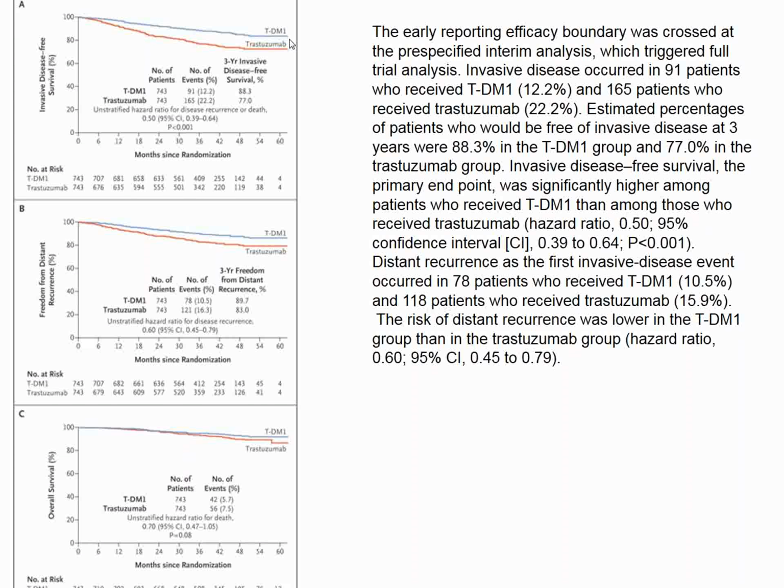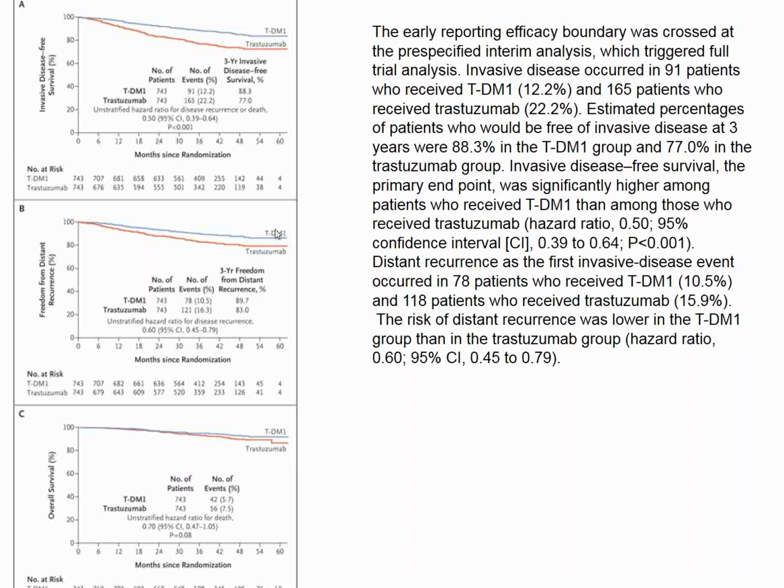If we look at the absolute difference here, it's not massive, but this is for invasive disease-free survival. If we look at overall survival, the difference is not significant, although there does appear to be a trend here. This middle panel is freedom from distant recurrence.